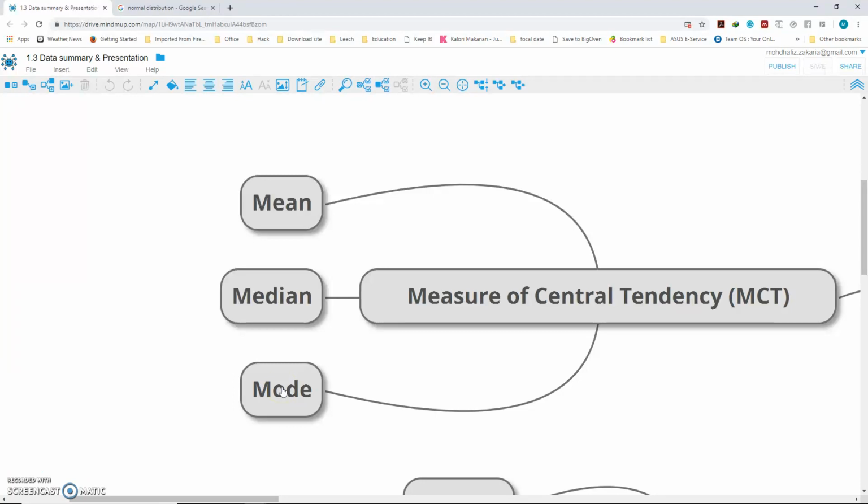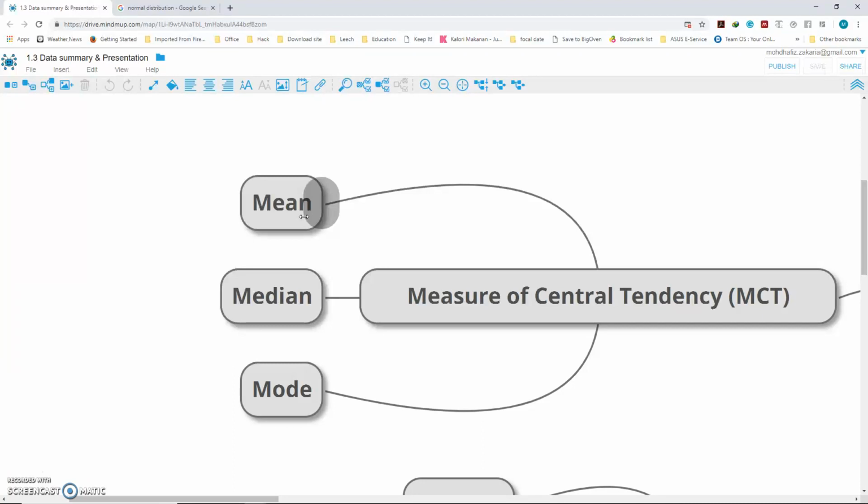And if your data is ordinal, you cannot use mean, because in ordinal data, they don't have an equal interval of number between each order. For example, let's take a race between people.